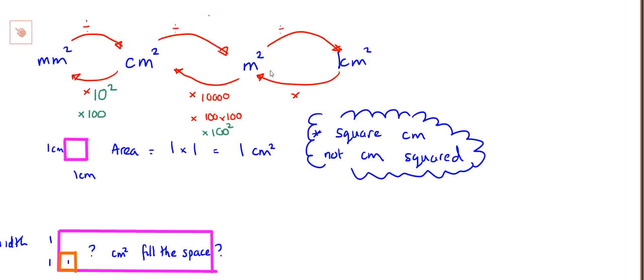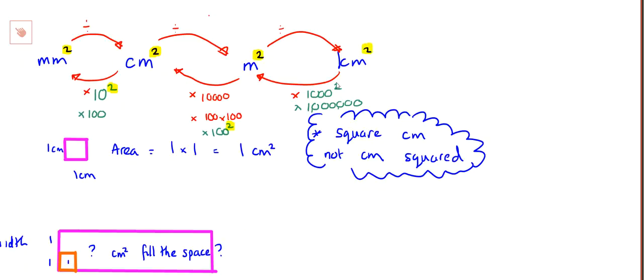Kilometres to metres is times 1,000, but square kilometres to square metres is times 1,000 squared, which is times 1,000,000. Okay, so this is the link, this little thing, the squared. You can remember it.